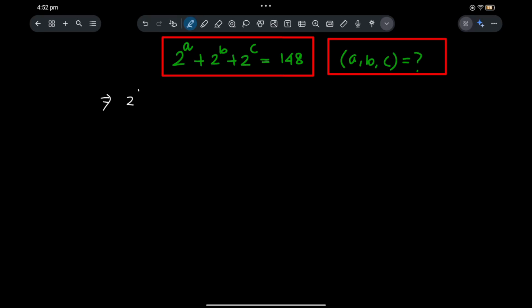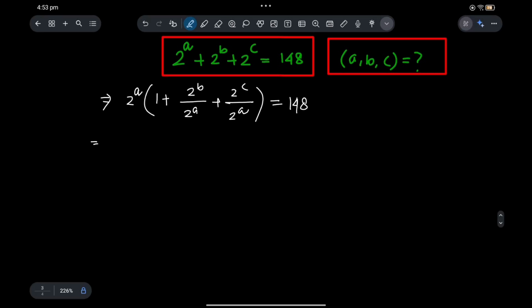So we take 2 to the power a common. So we can write 2 to the power a into 1 plus 2 to the power b over 2 to the power a plus 2 to the power c over 2 to the power a equals 148.